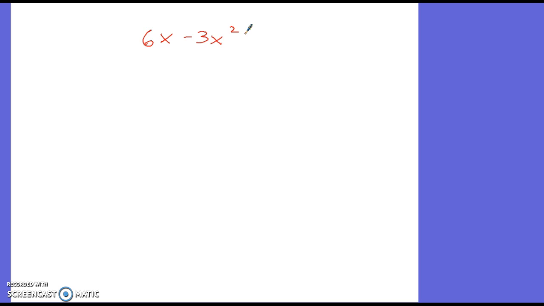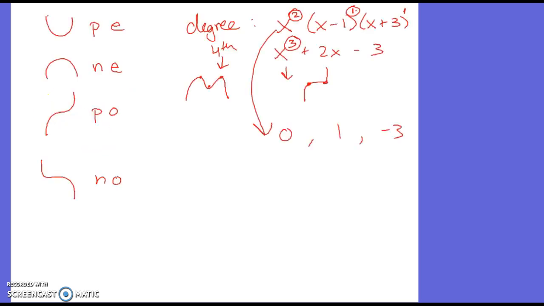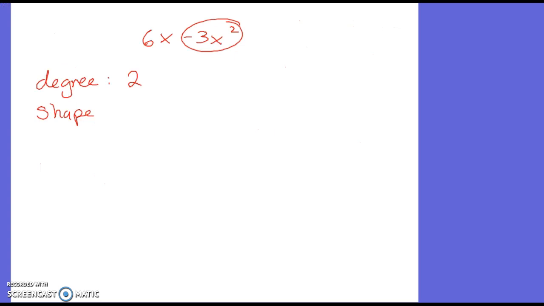Well, first thing I need to do is look at the degree, which the highest power is the piece you want to focus on. This would be a 2nd degree. I want to look at the shape, and that goes back to my P-ni, po-no. This is even and negative, so it's going to be facing downward. If it's the 2nd degree, it's going to have 1 turning point.